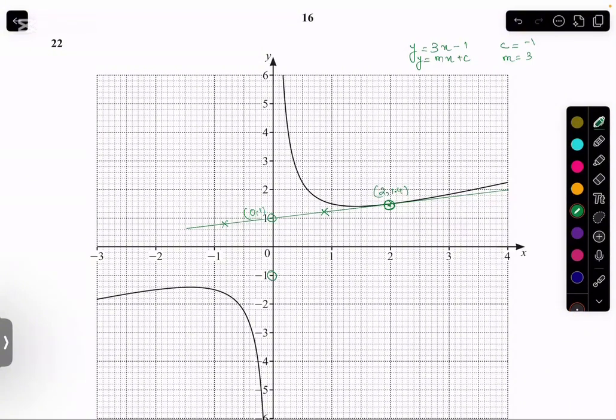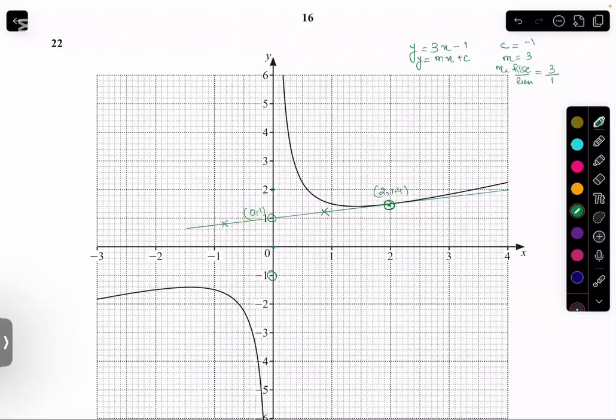So here, we know that gradient is actually the ratio of rise over run. Rise over run means the ratio I have here is 3 by 1. Meaning from this one given point that I have, which is the y-intercept, I should go 3 units upwards because the gradient is positive. So going 3 units upwards, it's 1, 2, and then 3.